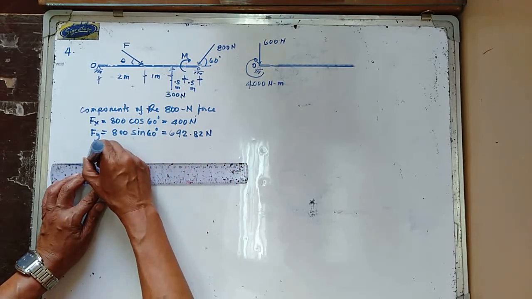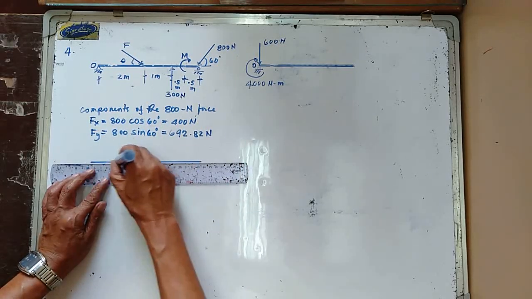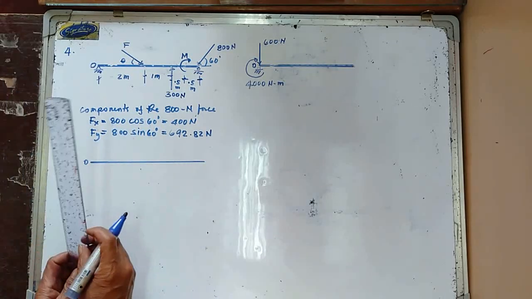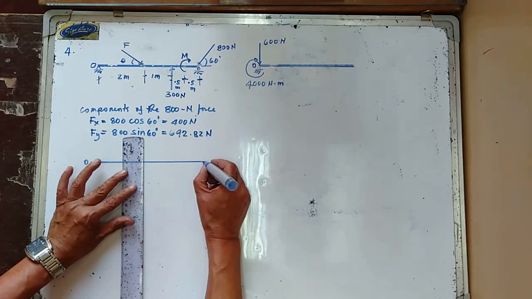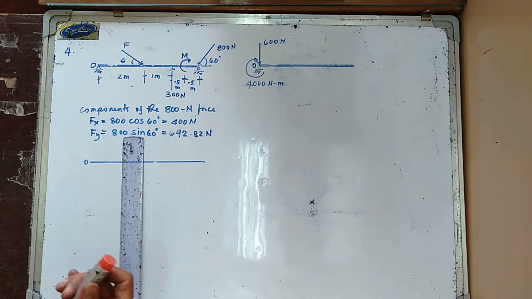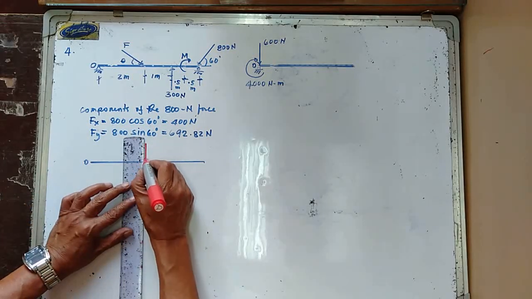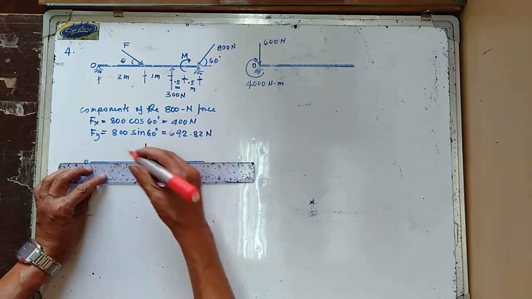Okay, so let us try to have now, therefore, your point O. This is your F1y, and this is your F1x.